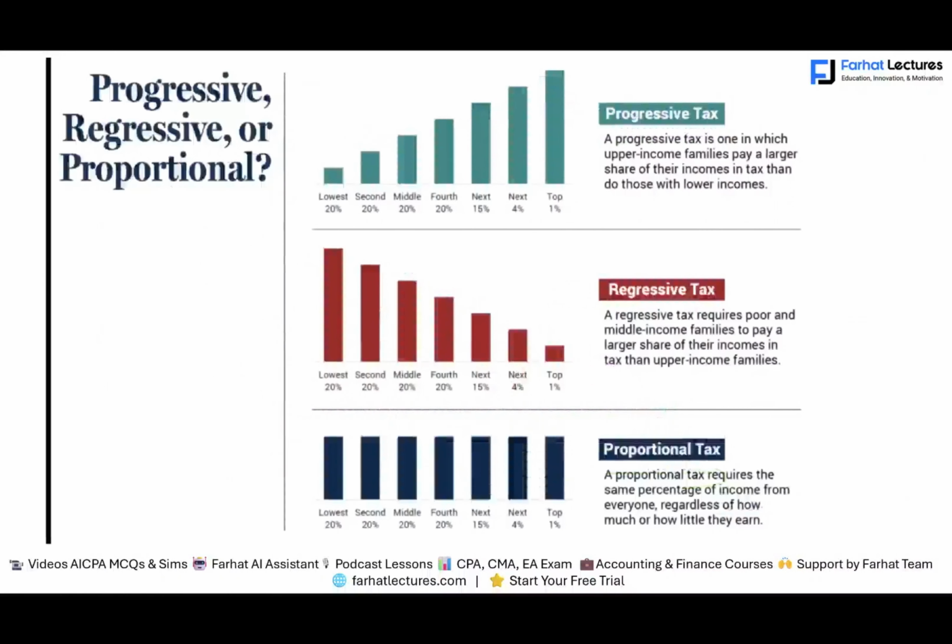Now let's take a look at the big picture here, and we have the top 1% earners. How would the top 1% earners, people that make a lot of money, be affected under a progressive, regressive, and proportional system? We're going to look at the top 1% and the lowest 20%, just as a picture to show you what's happening. Under a progressive system, the top 1% earners are supposed to pay the most.